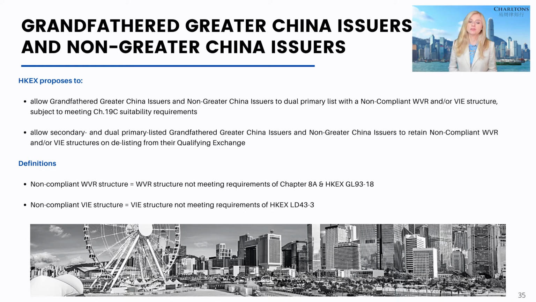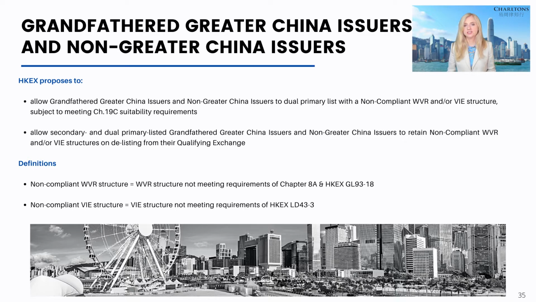However, grandfathered Greater China issuers are allowed to retain their non-compliant weighted voting rights and/or VIE structures when a majority of trading in their shares migrates to Hong Kong, despite the fact that they are then regarded as having a dual primary listing on the exchange. Non-Greater China issuers are also able to retain their non-compliant weighted voting rights and VIE structures regardless of where trading in their shares occurs. This is because the trading migration requirement does not apply to non-Greater China issuers.